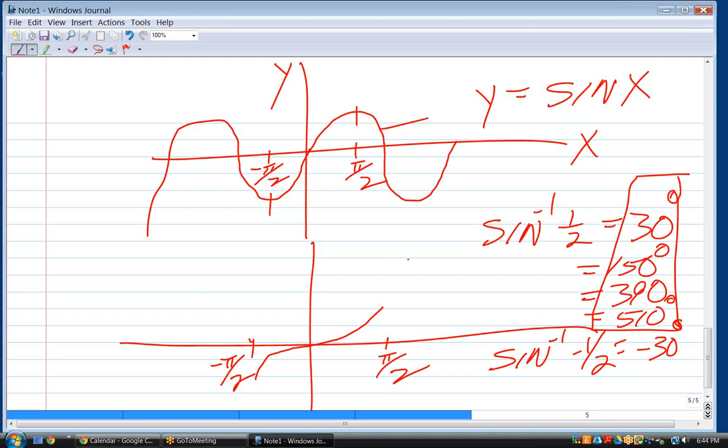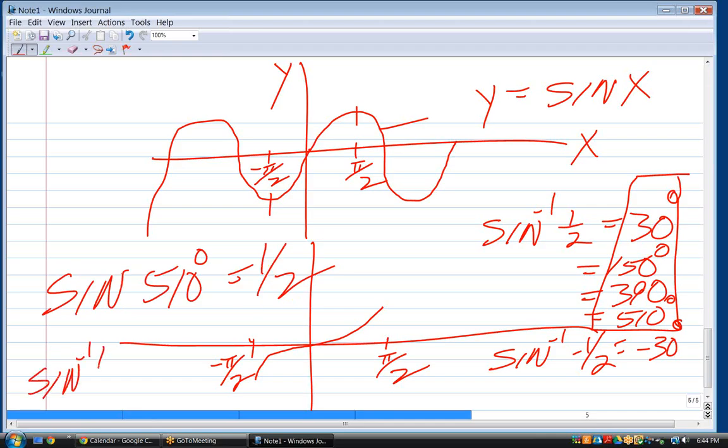If you go into your calculator and you type the sine of 510 degrees, it'll give you 1/2. But if you go in and you say, what's the inverse sine of 1/2, it only gives you one answer. It doesn't give you multiple answers, even though there are an infinite number of answers.